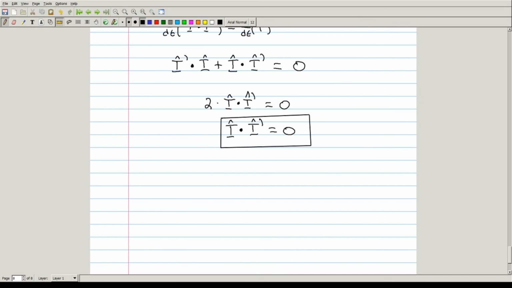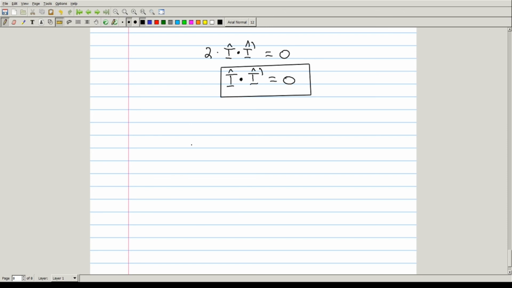So we just kind of stumble upon this new vector t hat prime, or the rate of change of the unit tangent vector with respect to the parameter t, and we've shown that it's actually perpendicular to the tangent vector itself. So t hat is perpendicular to its derivative, t hat prime.